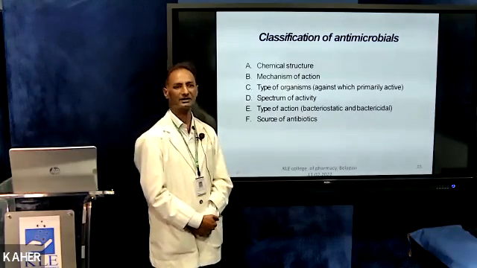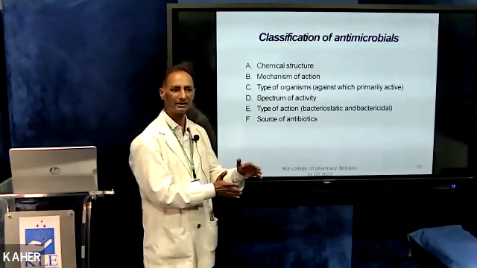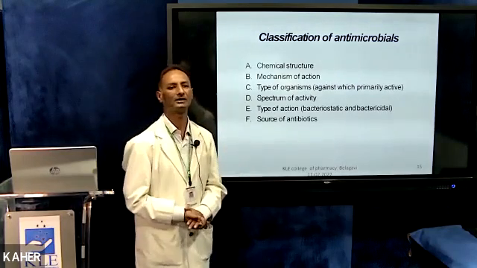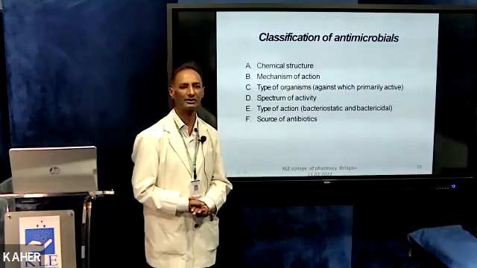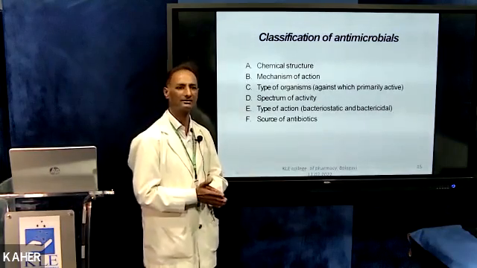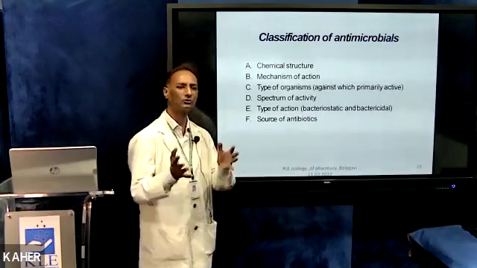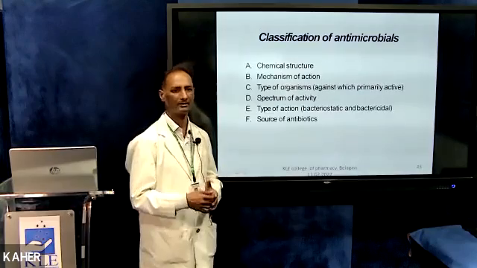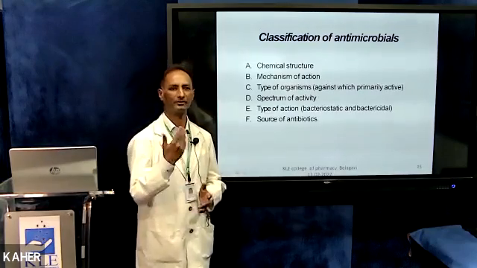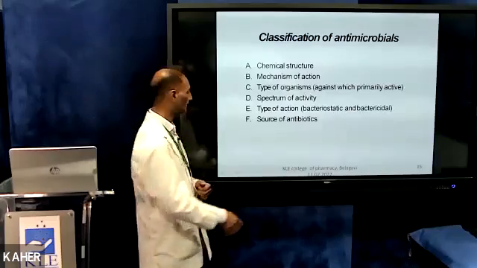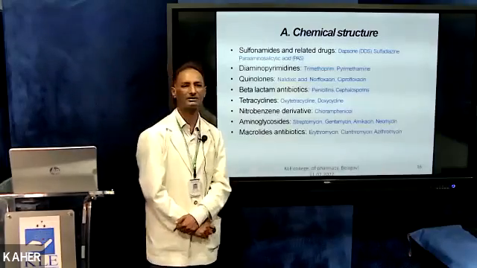Also the type of action, that is whether it is killing the bacteria, viruses or microbials, or it will stop the growth: bacteriostatic means it stops the growth, whereas cidal means it can kill. And depending upon the source of the antimicrobial agent, where it is synthesized, the classification can be done.